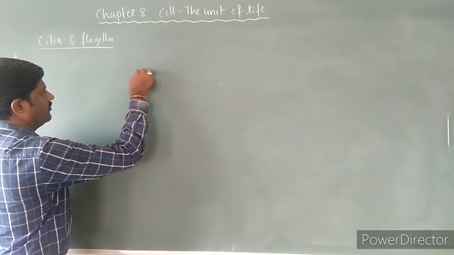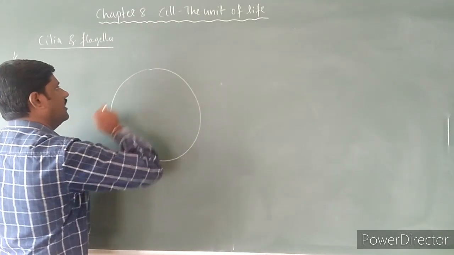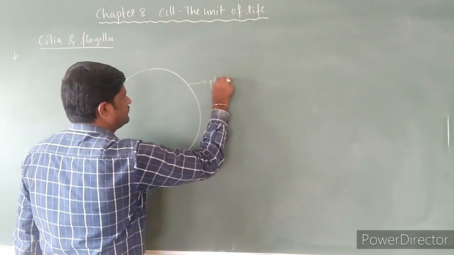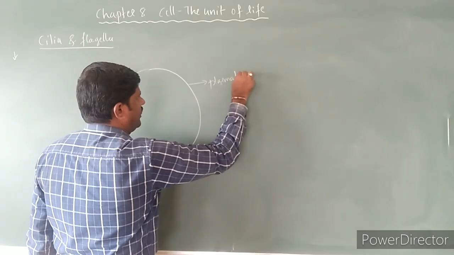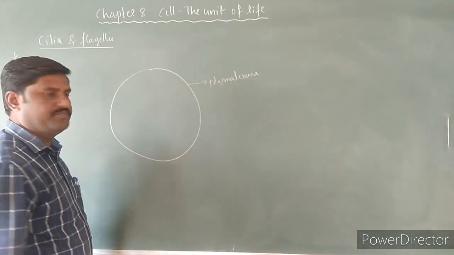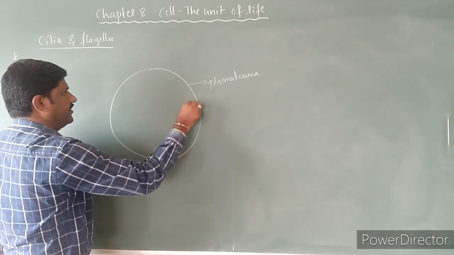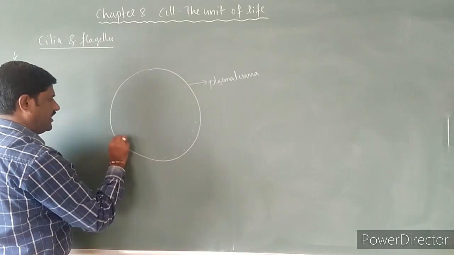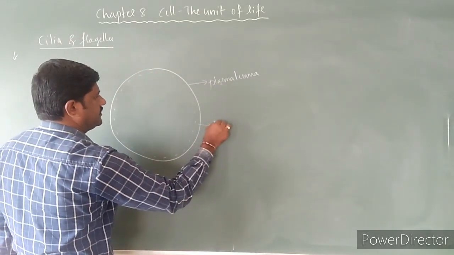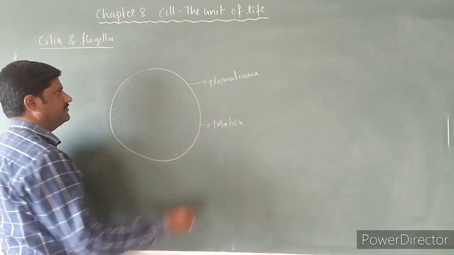See here, the outermost single membrane you come across is called as plasma lemma. Inner to this, you come across the cytoplasmic structure, that is nothing but the matrix, the second structure.